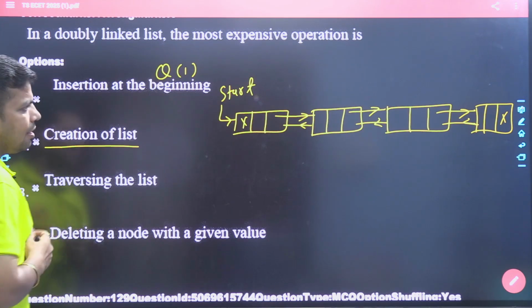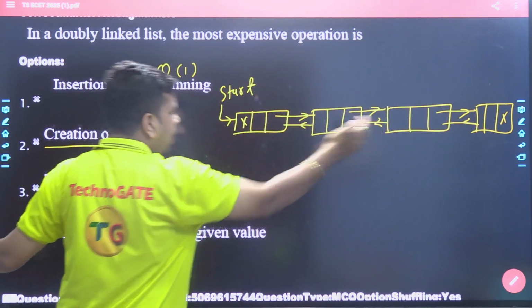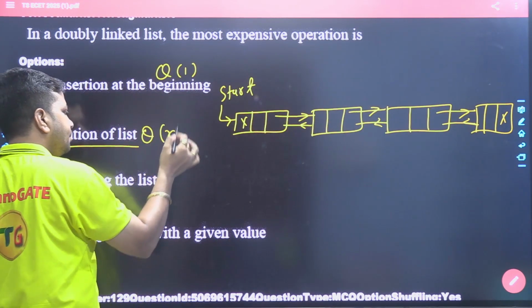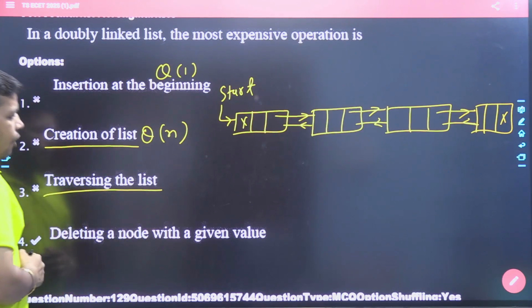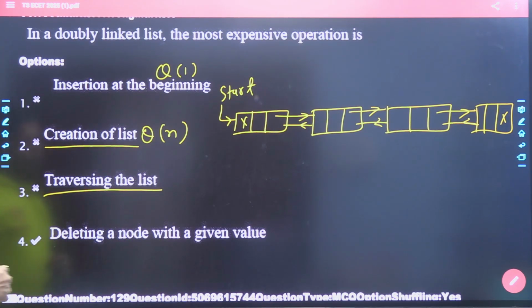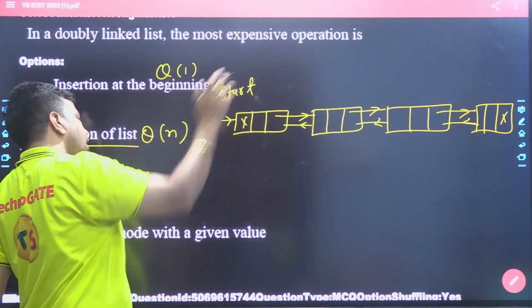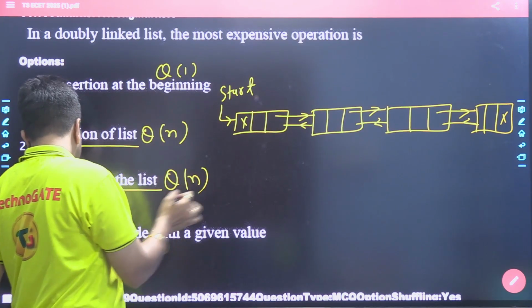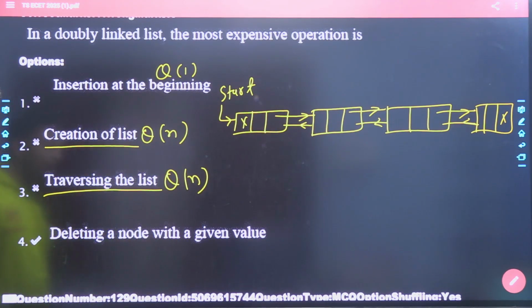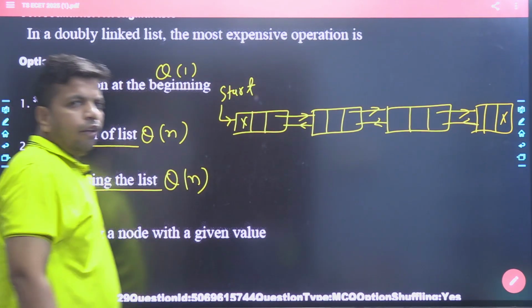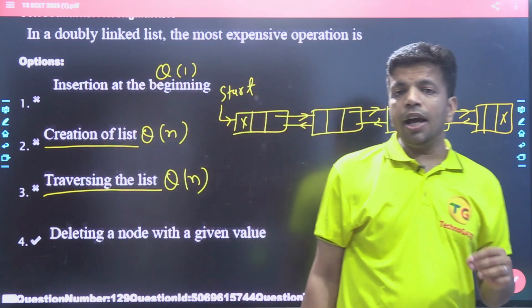Creation of a list: if you want to create a list with n elements, it takes n time. Traversing the list: if you want to traverse all the elements, it takes n time. Deleting a node with a given value: what do you do?